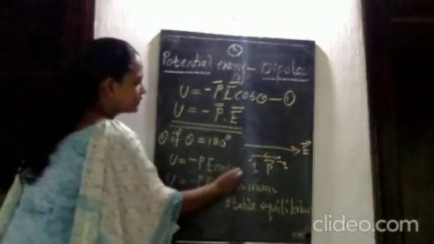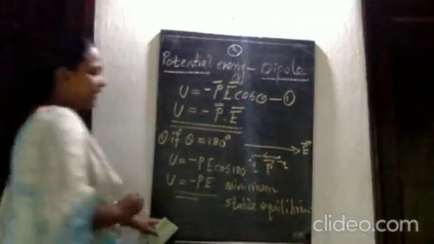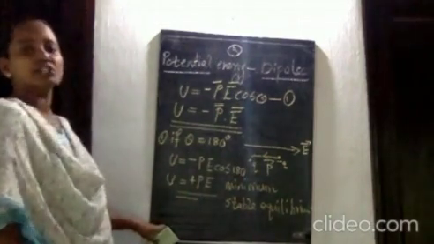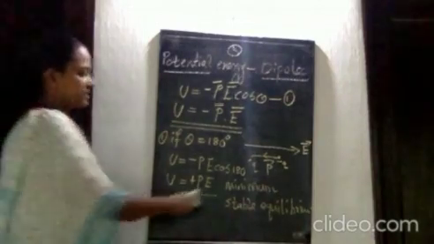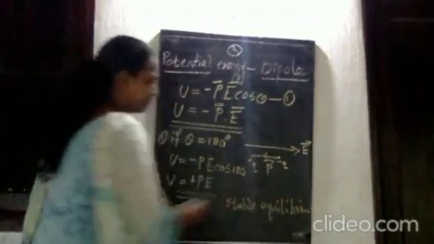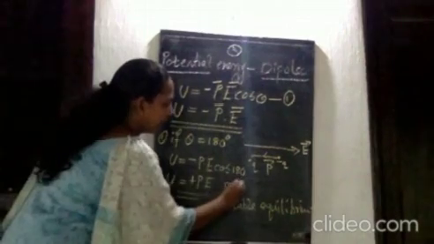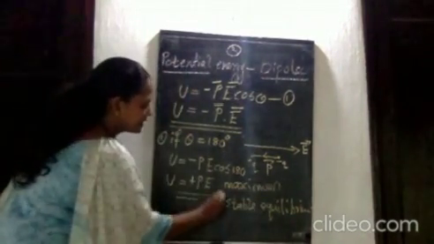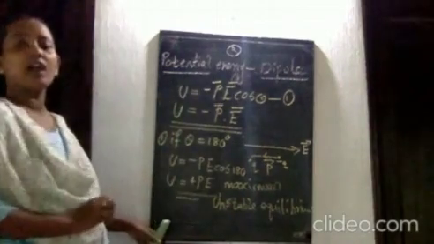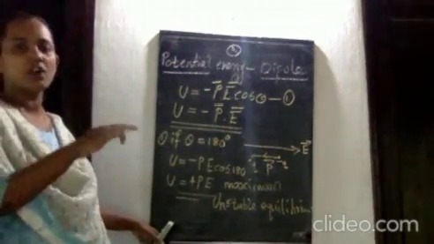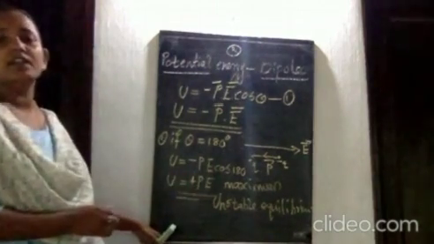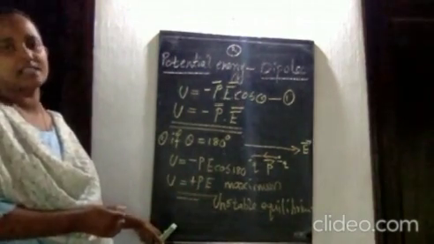What is the value of cos 180? Cos 180 is minus 1. Therefore, minus of minus means U becomes positive. Potential energy is positive, that means it is the maximum value of potential energy. Maximum potential energy is the condition of unstable equilibrium. That system is not stable.